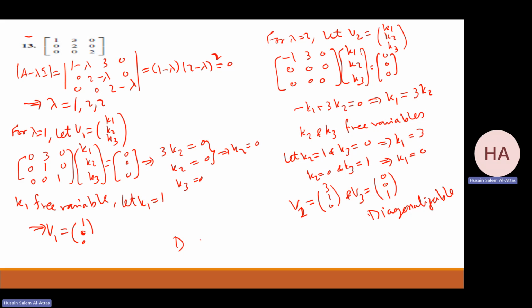Since I have 3 eigenvectors. D will be 1, 2, 2, with zeros elsewhere. And P, in the same order, is 1, 0, 0, 3, 1, 0, 0, 0, 1. Wait a minute. Yeah, it will be okay.